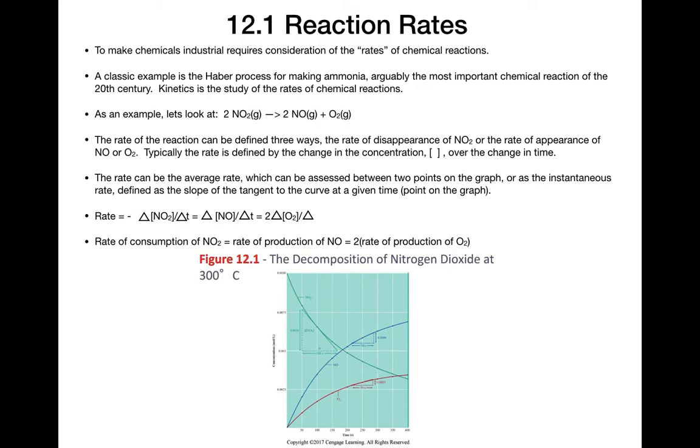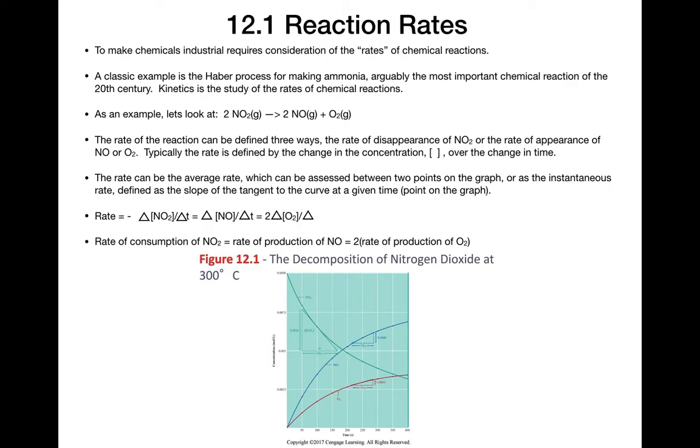We could look at the rate of the disappearance of nitrogen dioxide. We could look at the rate of the formation of nitrogen monoxide, or we could look at the rate of formation of oxygen. Which one you look at basically depends on which one can be easily measured in the laboratory.